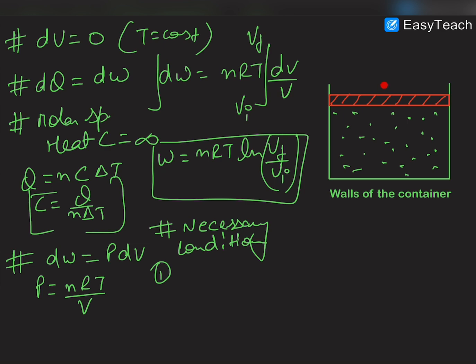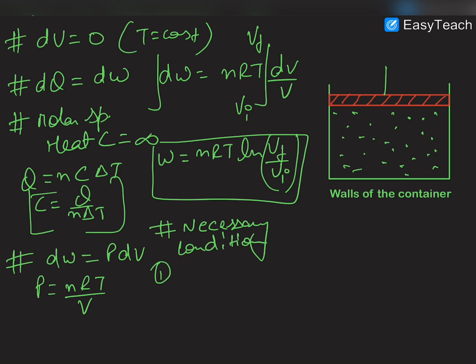Let us see that there is a piston enclosing an ideal gas, and the walls of the container are initially adiabatic, which means heat exchange is not allowed through the walls. Just imagine that we are compressing the piston, and so compressing the gas. By compressing the gas, more and more heat would be developed inside the gas, because the molecules will start to collide with each other, and due to that collision the heat developed will increase the temperature of the gas.